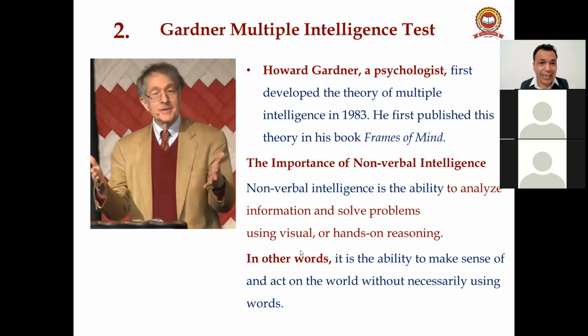But again, Gardner said that there are many intelligences in a person. He has given 8 types of intelligence. For example, numerical intelligence: if the person has numerical intelligence, he will be good in numerical abilities, right? If the person has bodily intelligence, he can move his body very well, he can dance well, right?